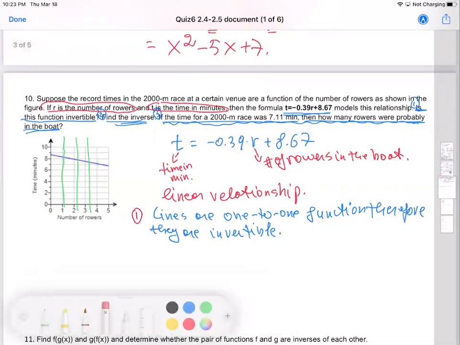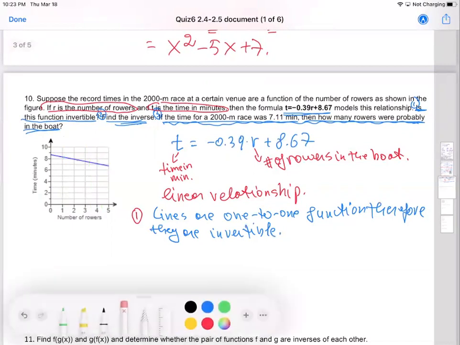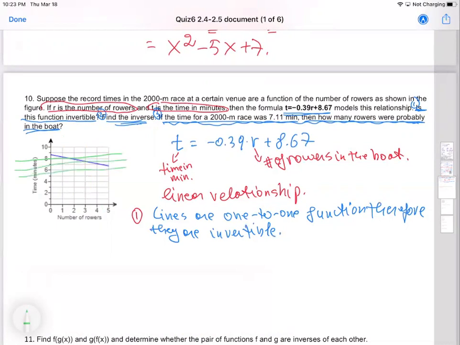And for the function to be one-to-one, we look at the horizontal line test, which means every horizontal line intersects the graph only one time. In this case, that is true as well. So by using the graph, the horizontal line test passes as well.